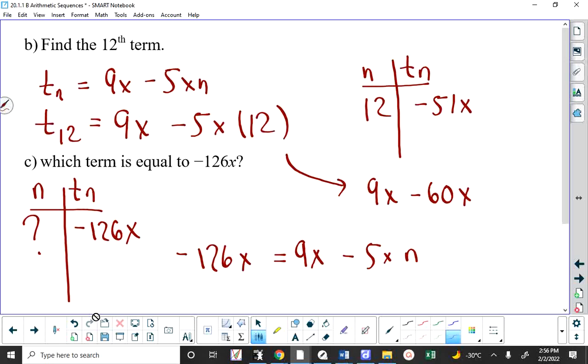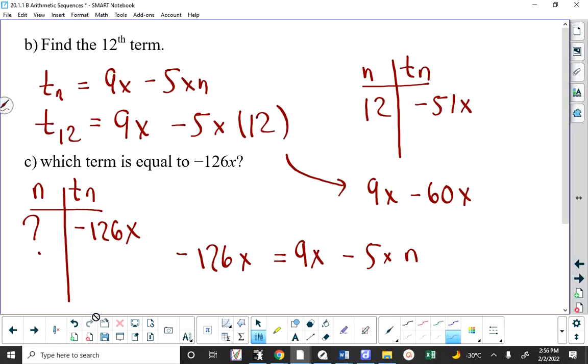Many of you will look at that and go, well, I can't find n because I don't know x. There's too many unknowns. Who has the solution to that quandary, to that problem? What can I do here? Yeah. I can. I'm going to divide both sides of the equation by x.